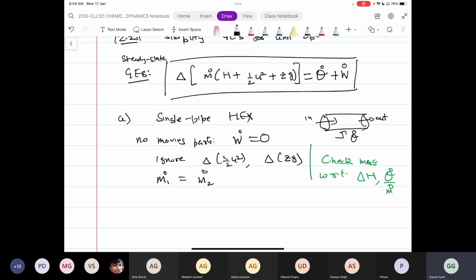No splitting is happening, so I replace it by a single symbol M naught. I put all of this in the equation and what I get, which you would probably have assumed intuitively, is that the increase in enthalpy of the flow stream would be equal to the heat input. That's all we are stating essentially: the enthalpy of the flow stream is increasing, and the amount by which it increases is equal to the heat input to the system.